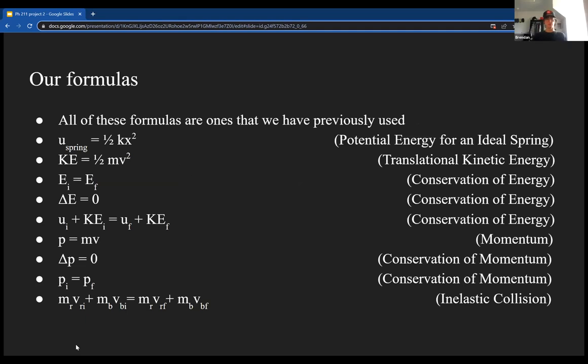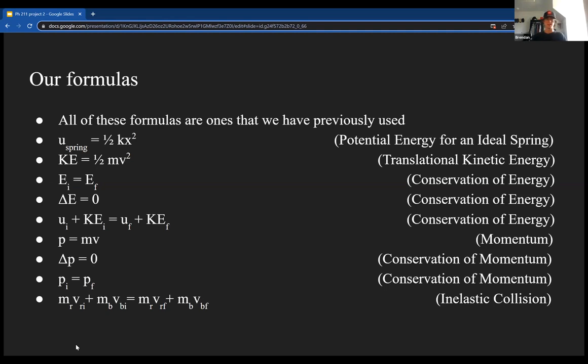All right, so for our formulas, we will be using the potential energy for an ideal spring, which is the potential energy of the spring equals 1/2 k x squared. And then we will also be using the translational kinetic energy, which is kinetic energy equals 1/2 mass times velocity squared.